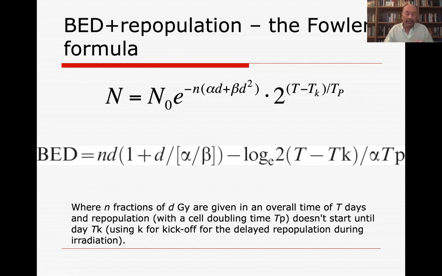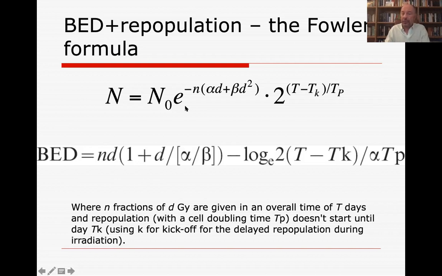So it's practical to imagine that repopulation doesn't start immediately, it only starts after some time, when you reduce the number of cells to the point that the tumor tries to repopulate. And of course, Tp is the doubling time of the cells of the tumor. So you distinguish here fast-growing tumors and slow-growing tumors.